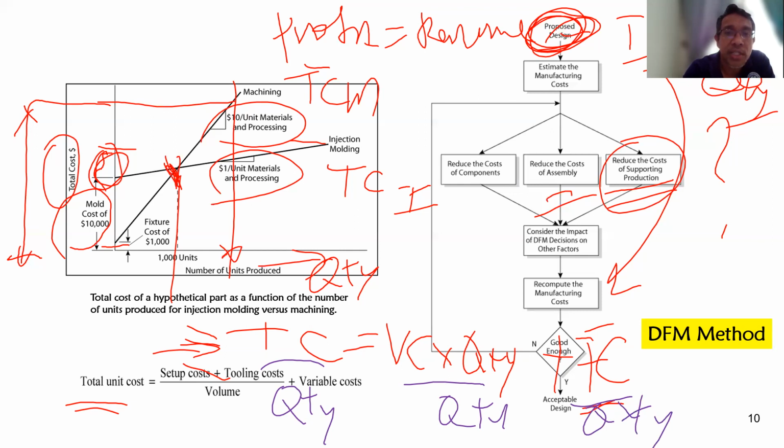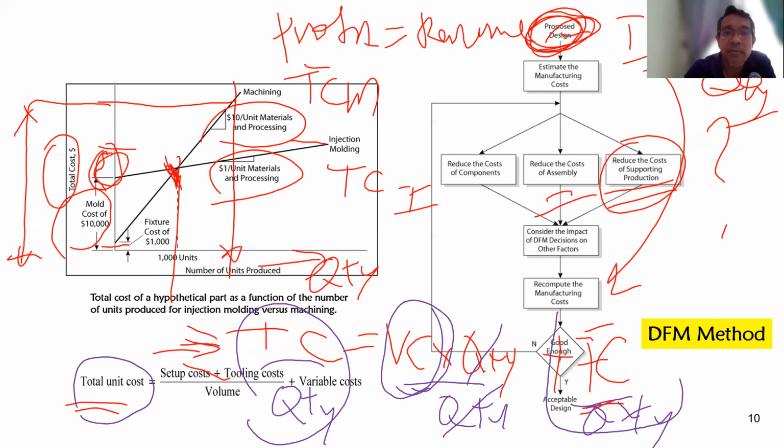When you divide by quantity, you get the total cost per unit, which is the variable cost plus the fixed cost divided by quantity.